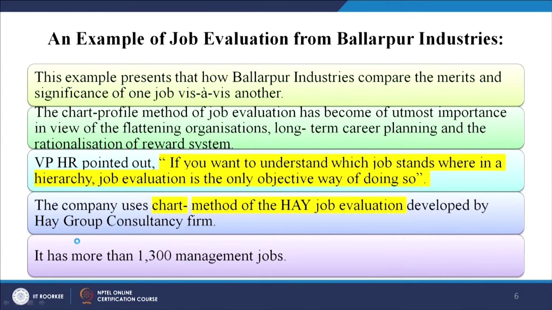In these industries, what they have done is, the chart profile method of job evaluation has become of the utmost importance in view of flattening organizations. Whenever we talk about the organization structure, every position, that is job, has to be assigned a certain authority and responsibilities.